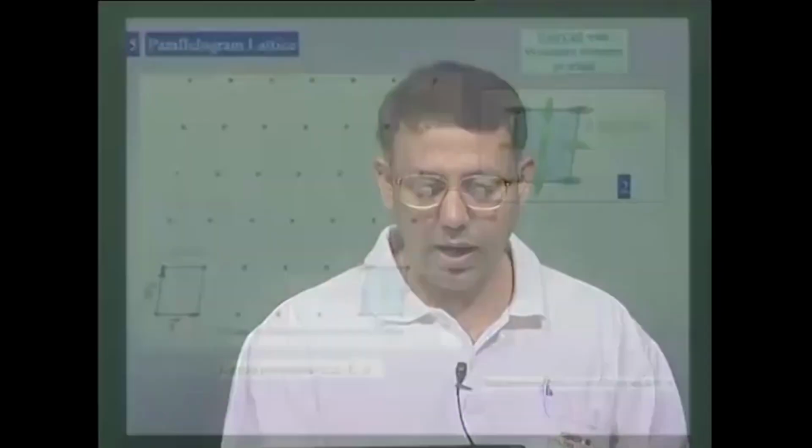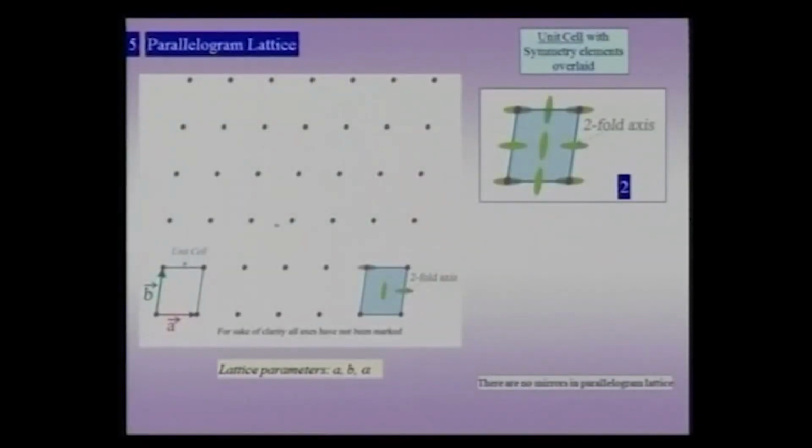It has no constraints as far as any of the lattice parameters go. A, B and alpha can all take any of the possible values. The unit cell is a general parallelogram, and on the right hand side of the figure the unit cell is shown in a larger figure.